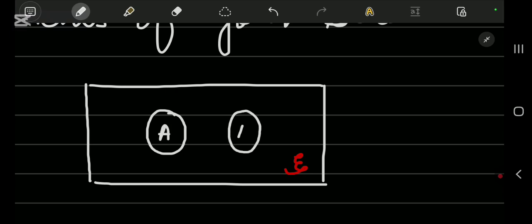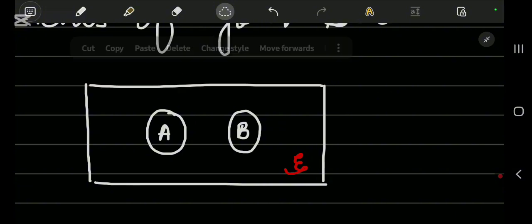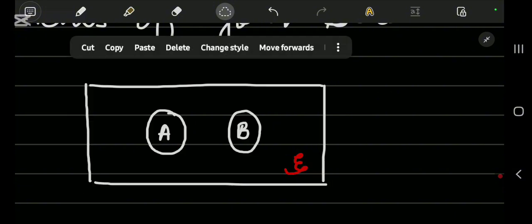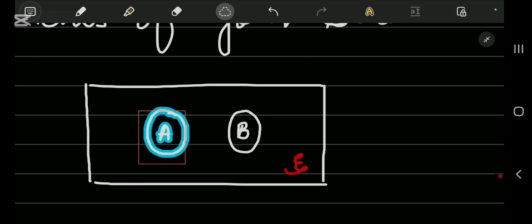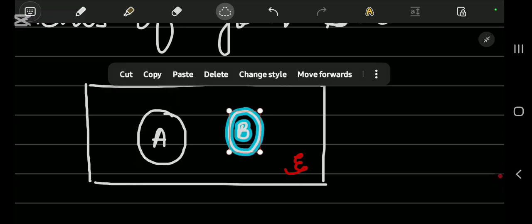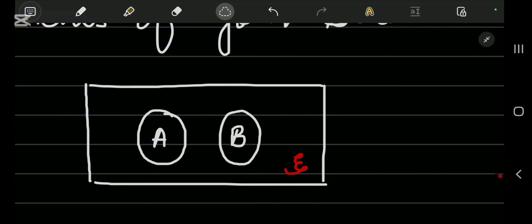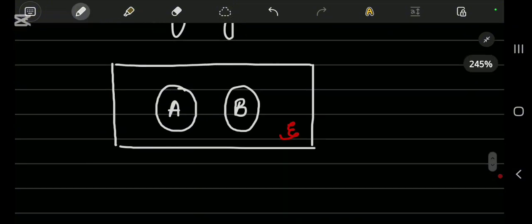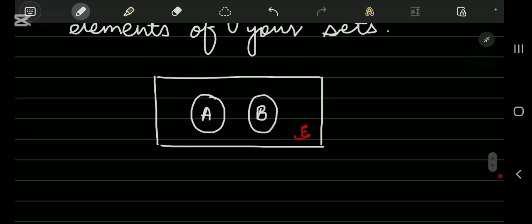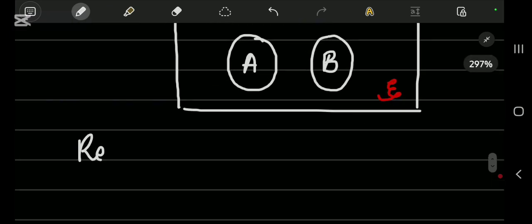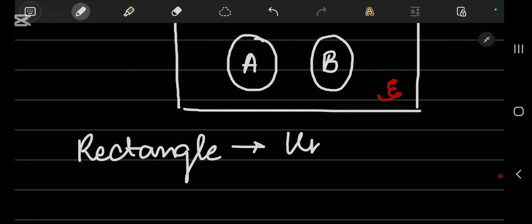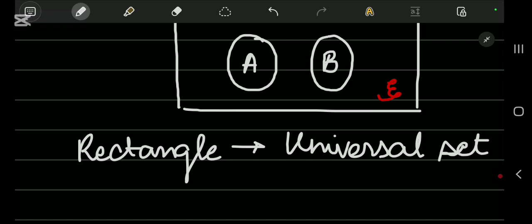Let's say this is set A and this is set B. The rectangle represents the universal set, and each circle represents a set.